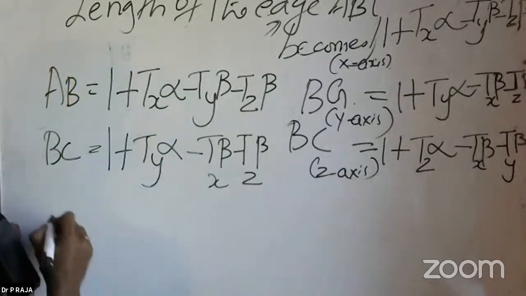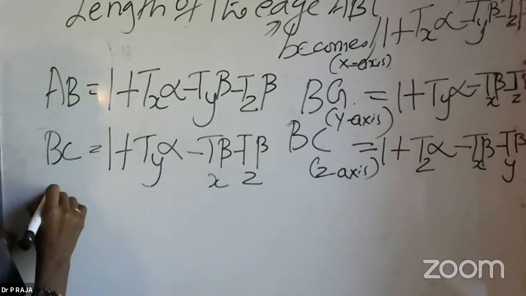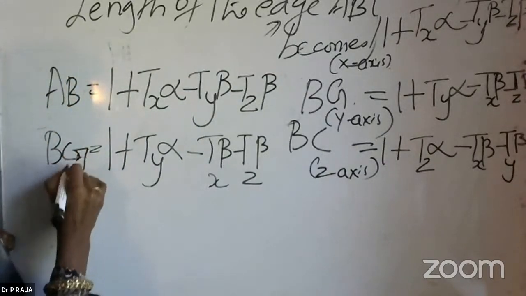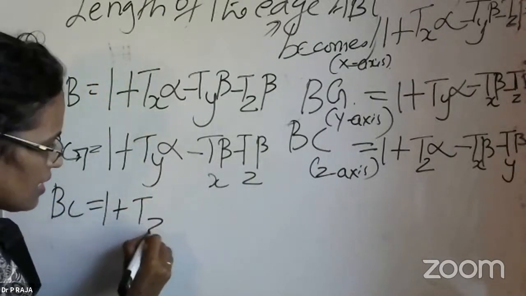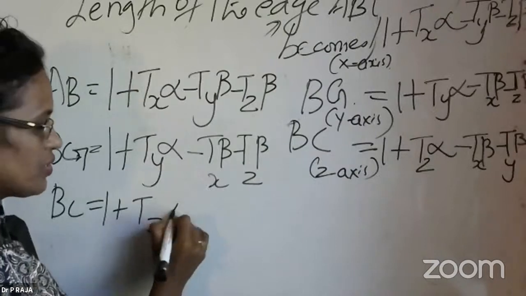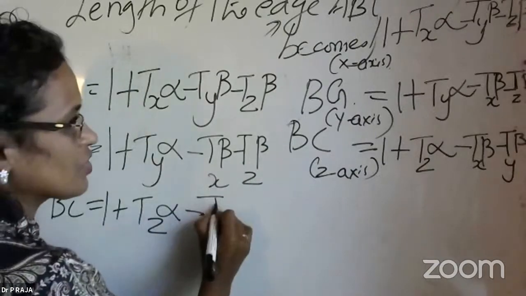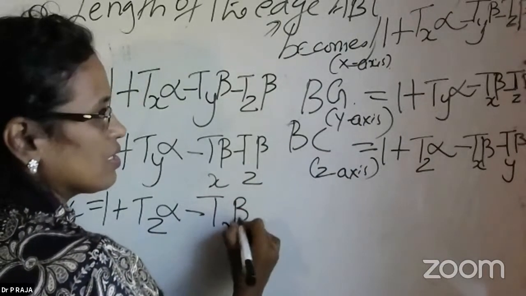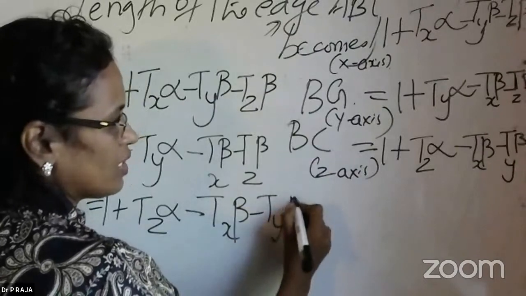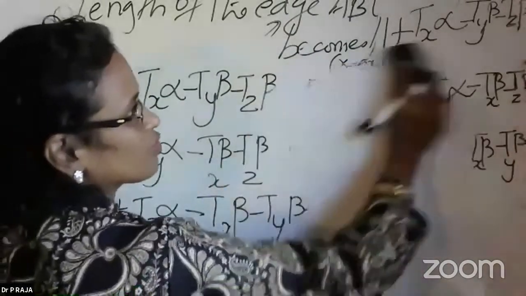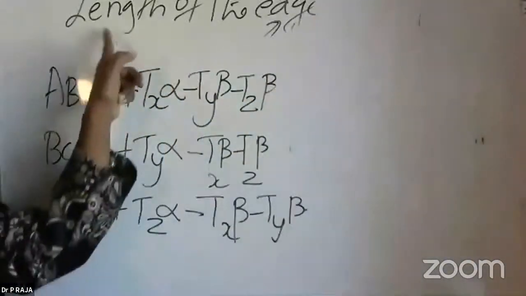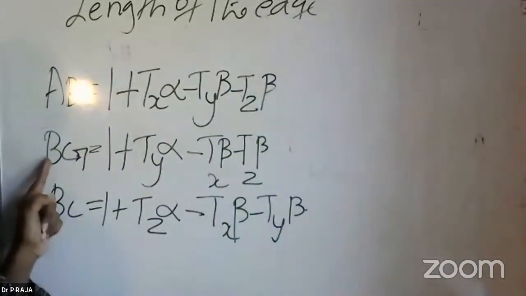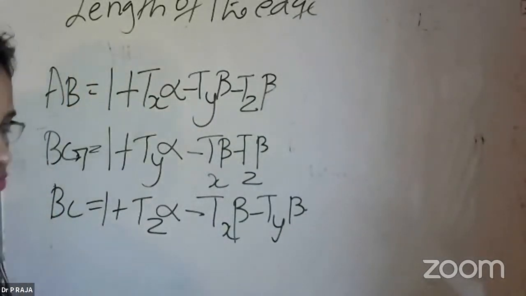Now similarly for the edge BC, it will become 1 plus TZ alpha, with a contraction along the other two edges. Since this is on the very corner, I'm writing it here. The lengths of the edges AB, BG, and BC we have found out.